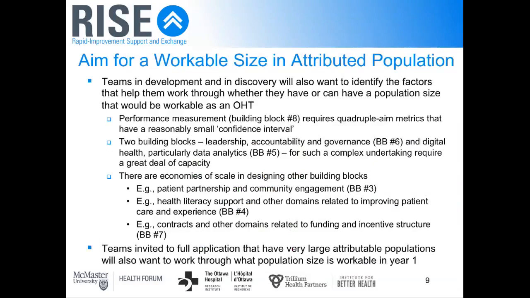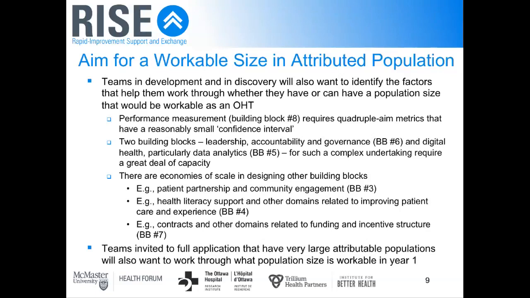are two thoughts. The first is for teams in development and in discovery, many of which tend to be on the smaller side. Here what we're finding helpful in conversations is to think through the factors that help them work through whether they have or can have a population size that would be workable as a team. So all of these are factors to think about: would you be big enough to address this?